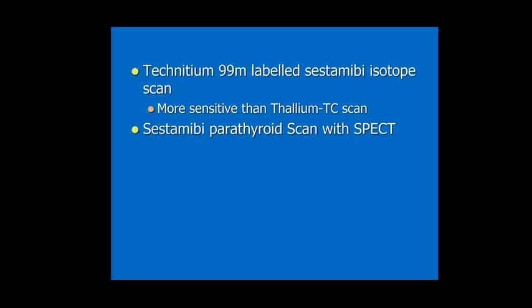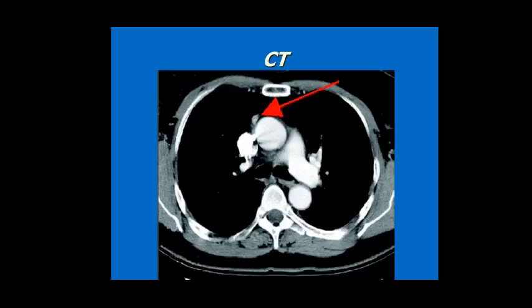Technetium 99m labeled sestamibi isotope scan is more sensitive and better than the thallium technetium scan. Sestamibi parathyroid scan with SPECT again is an improvement on the above for diagnosing parathyroid adenomas. So this is a CT showing the lesion here.